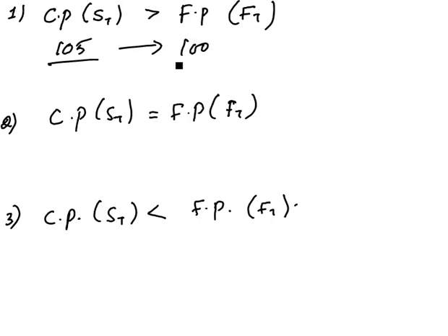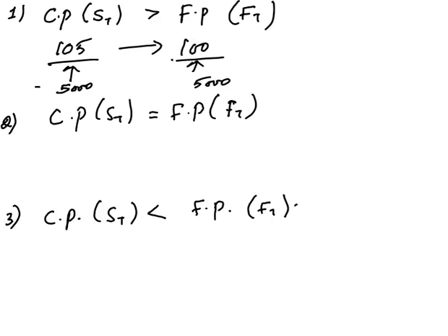Therefore, the person who has a short position makes a loss of, let's say, 5 per share, right? So there are 1000 shares, so he makes a loss of 5000. And the long investor who buys on that day makes a gain of 5 per share, that is around 5000.